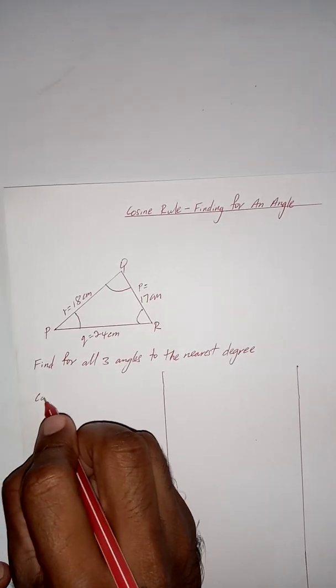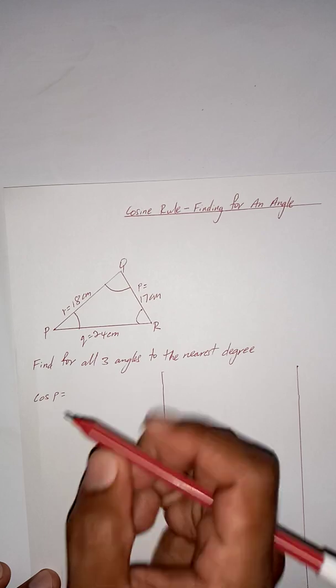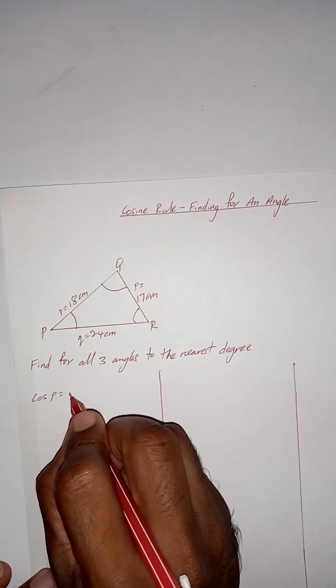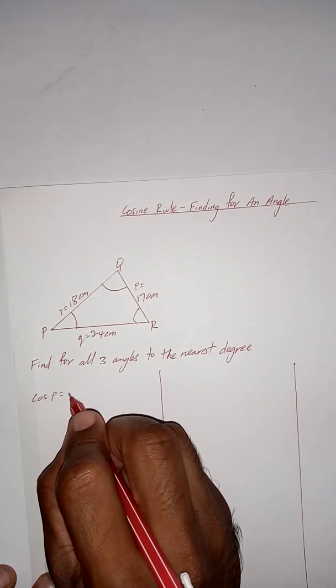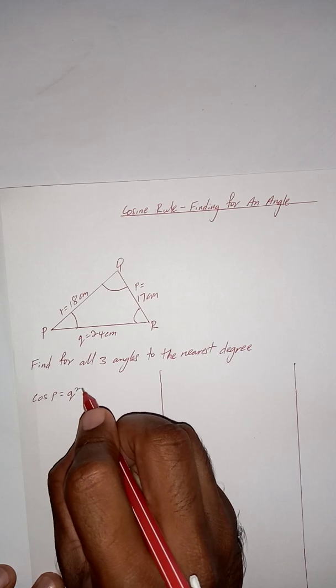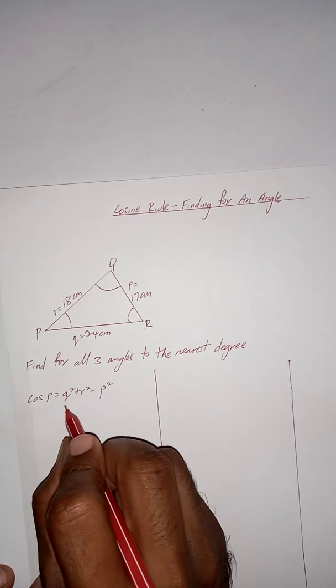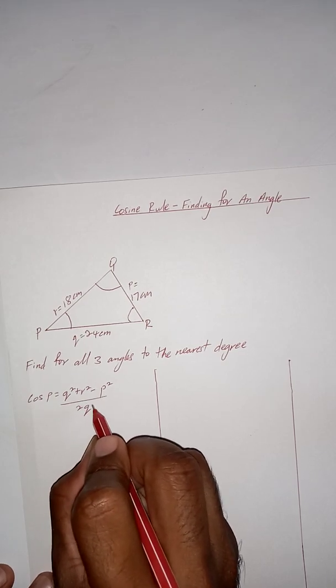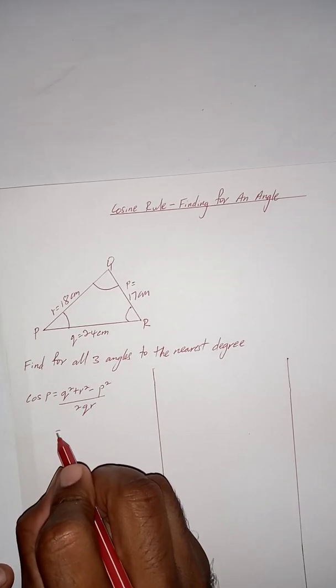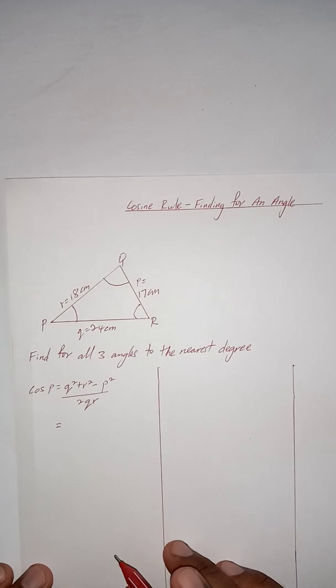So I'll write cos P equals Q square plus R square minus P square over 2QR. Good. So let us use the formula and work the question.